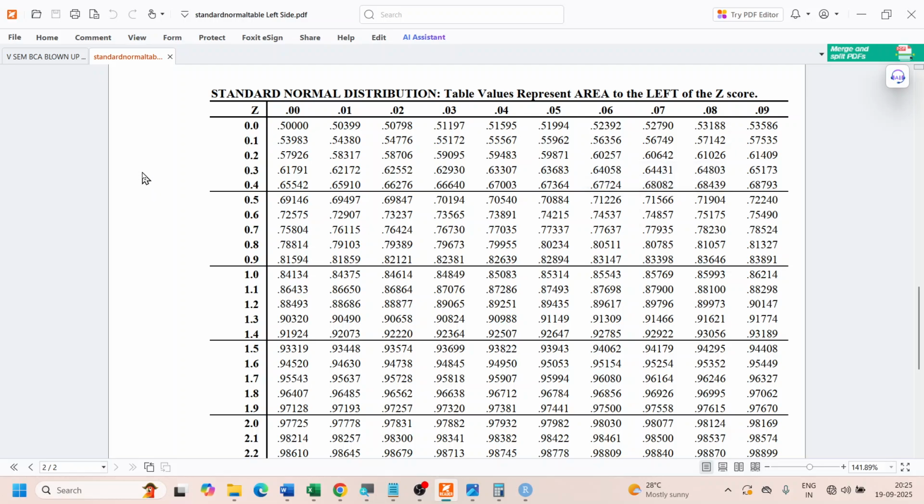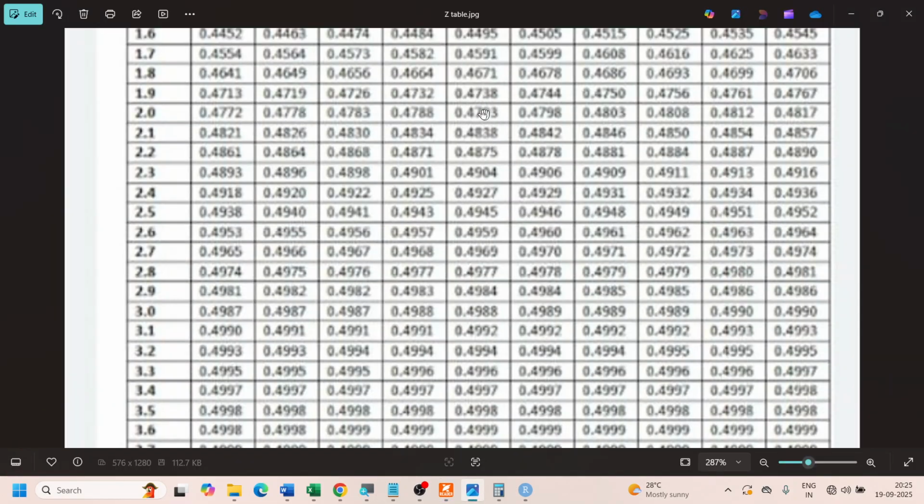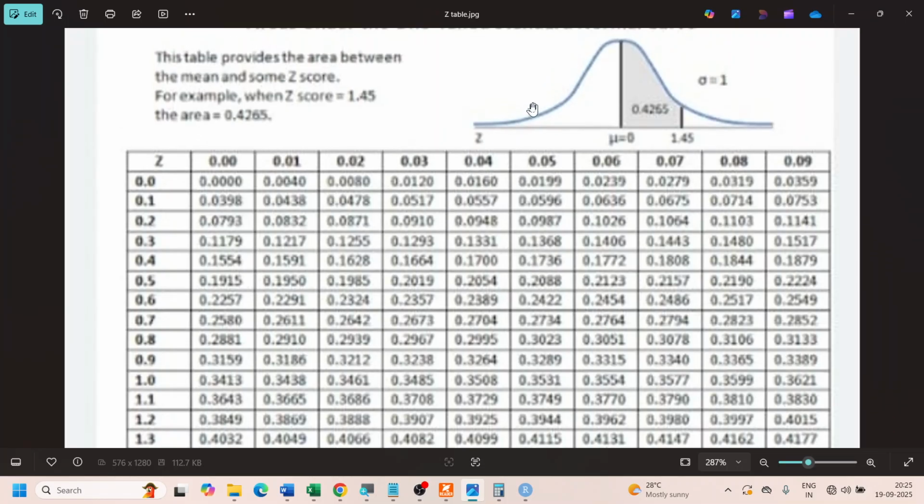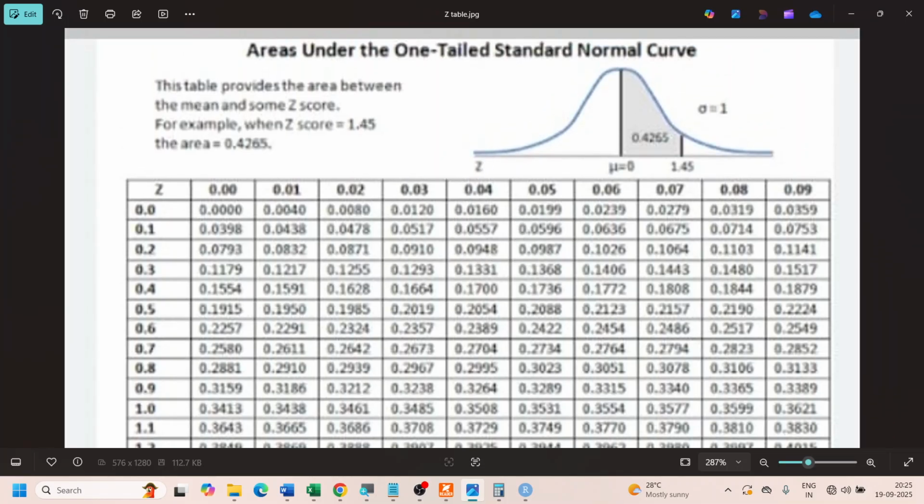Now this is if you are using the area to the left of it. But what is given by the university is this, wherein you don't have the negative value, so you are not starting from this side. You are not taking all these values, the negative side values. Remember, just recall, this curve is divided into half.